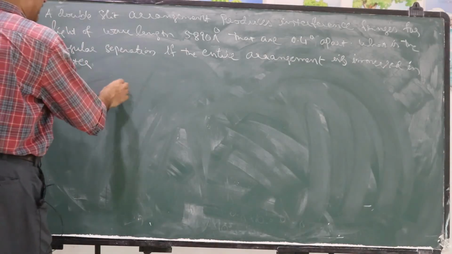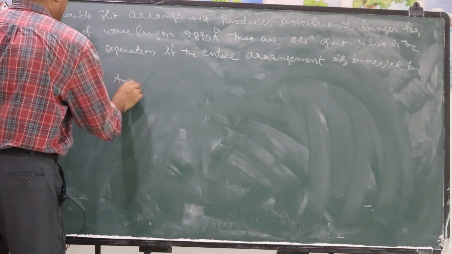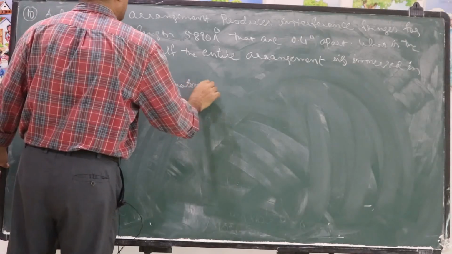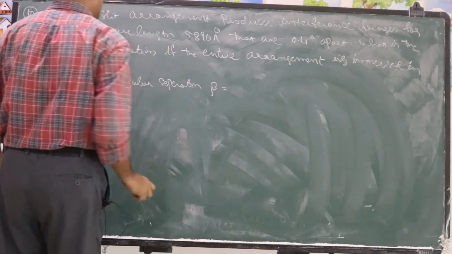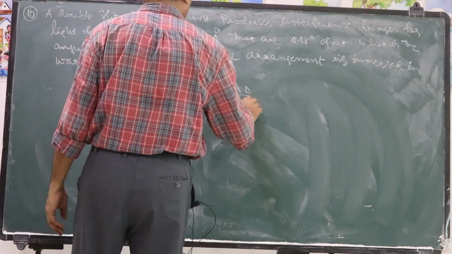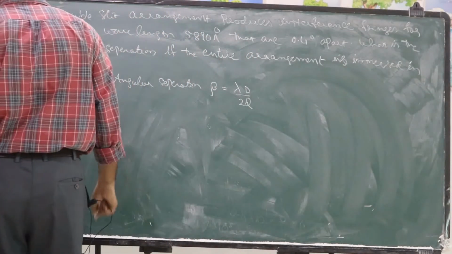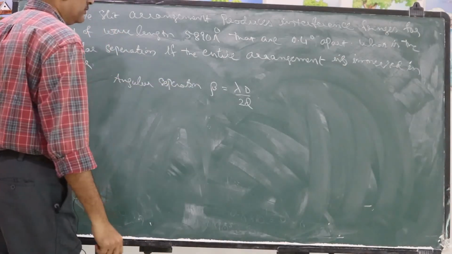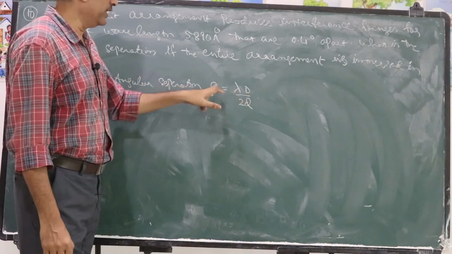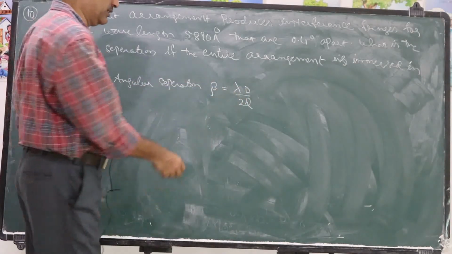Now we can directly write the angular separation as beta. So angular separation beta equal to lambda by d, or actually lambda D by 2d, we can write like this also.